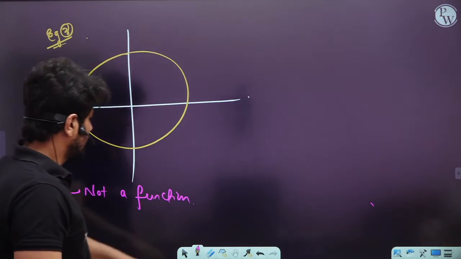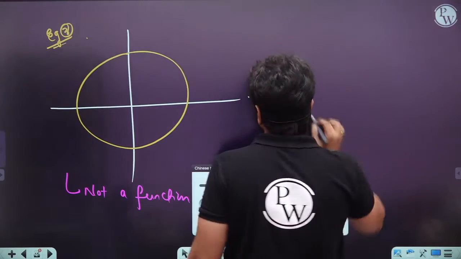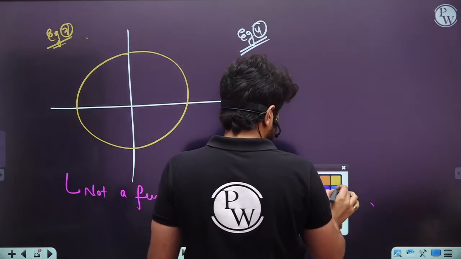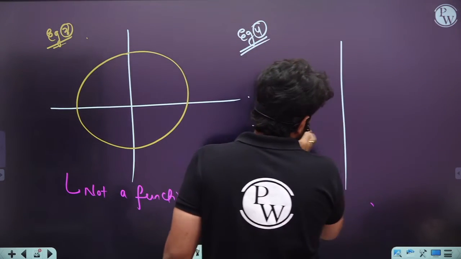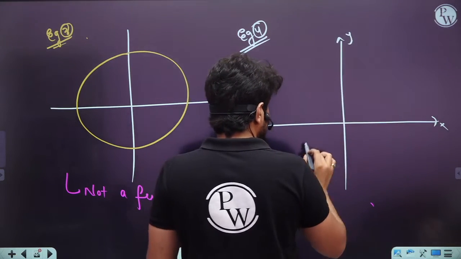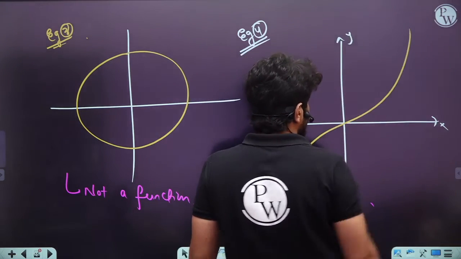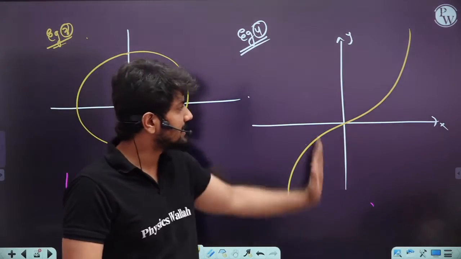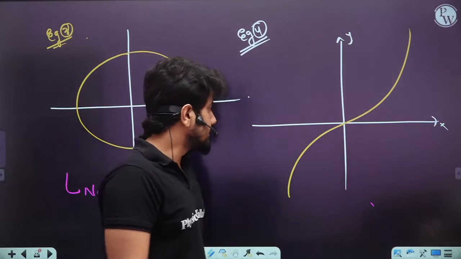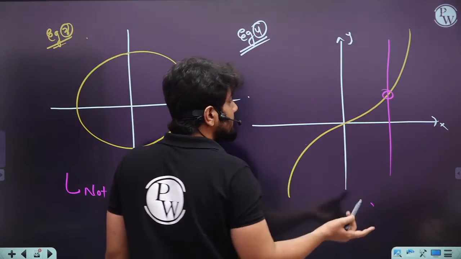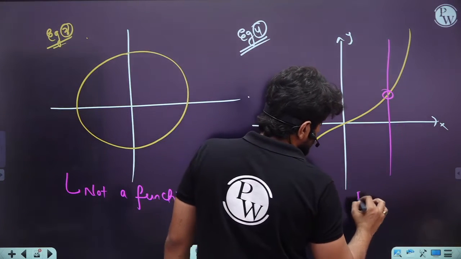Okay. Now example 4. Is this a function? Yeah, this will be a graph of a function because it is passing the vertical line test. Wherever you draw a vertical line, it is only cutting it at one point. So yes, this is a function.